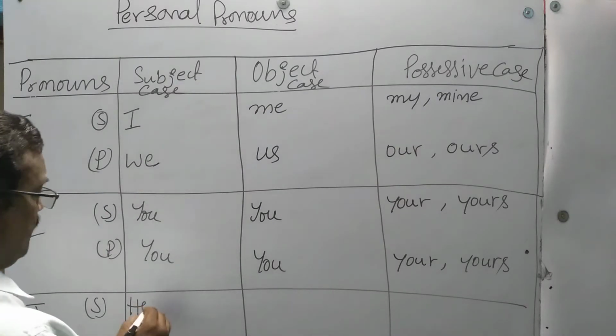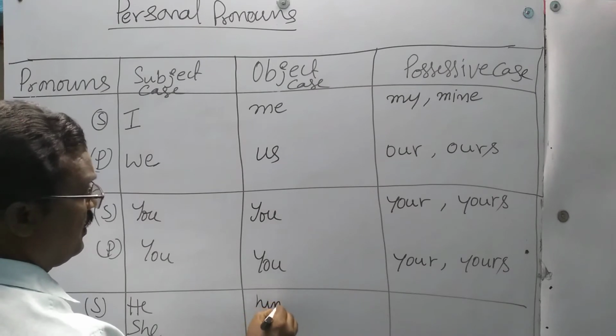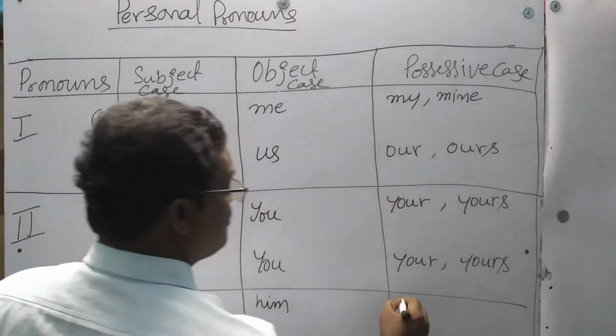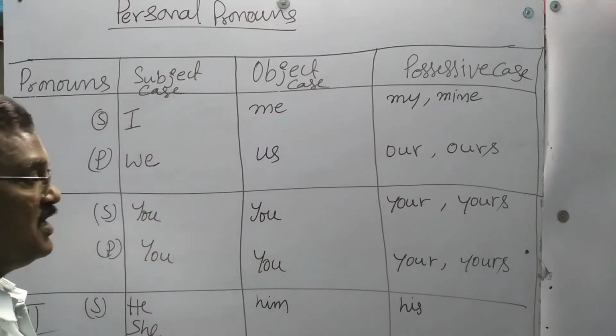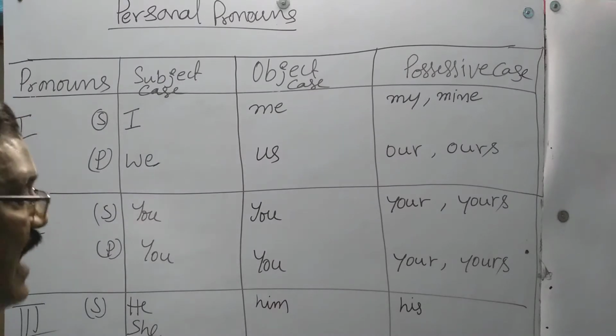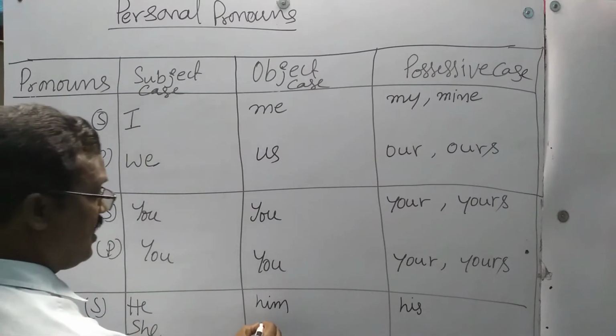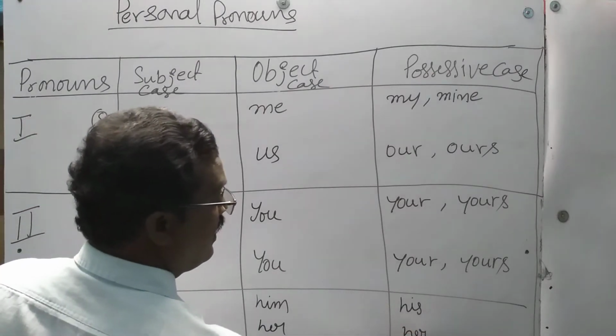Now, he. Object case is him. Possessive case one only, his. Already the s sound is there, so again his we can't write. It seems to be awkward. Now she, object case, her. Possessive case also her.